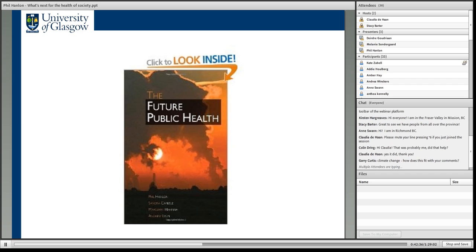Yeah, I think, first of all, climate change is one of the key evidences for unsustainability. And therefore, it's one of the key bricks in the wall of this argument. We're going to have to change whether we want to or not.